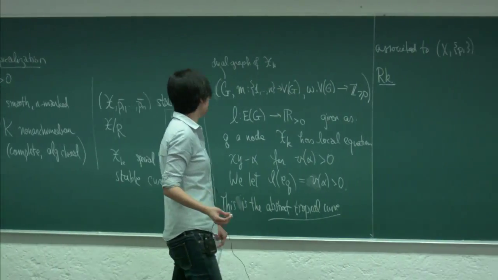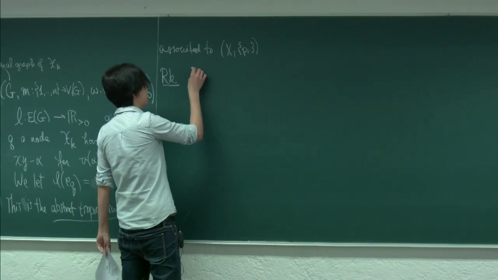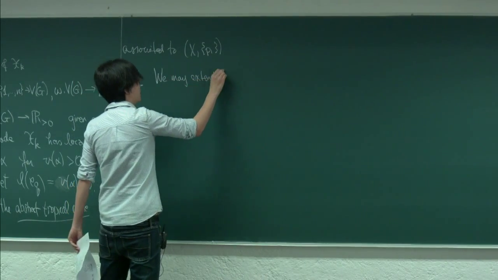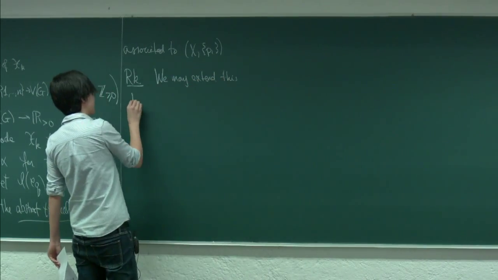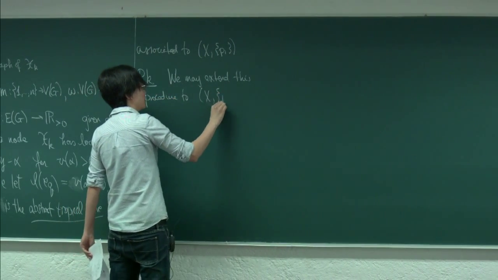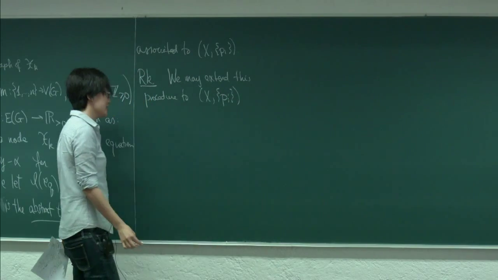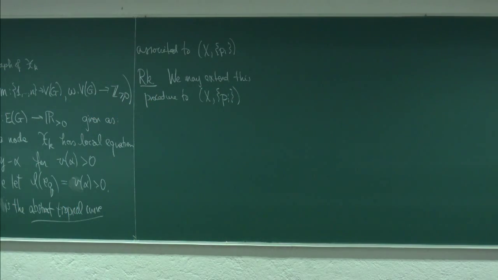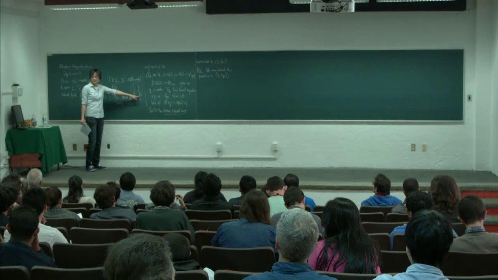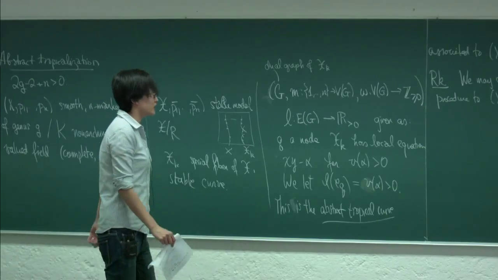So let me just say it's easy to extend this tropicalization procedure to stable n-marked curves of genus g, in the sense that the stable reduction theorem still holds. So you start with the stable curve on the generic fiber. You can still fill in the special fiber with the stable curve now over the algebraically closed residue field. And so what is the tropical curve that you get out?